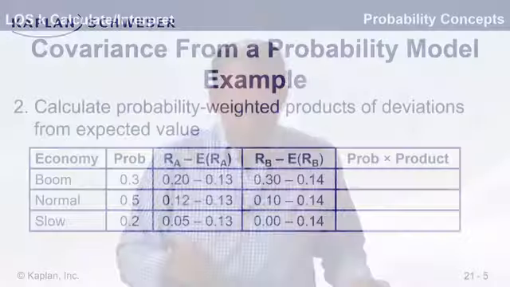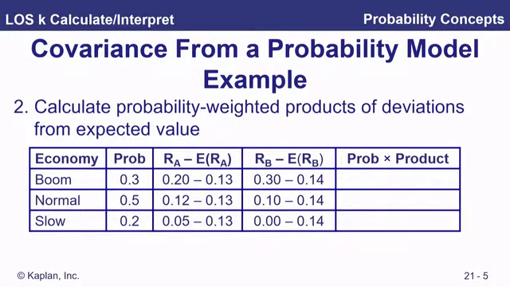So now we've got that. Now we're going to take the deviations from the mean, just as we did with variance, but again, if it was covariance with itself, we'd be looking down here and squaring all these deviations. But for covariance, we're going to multiply them together, and again, it's going to be probability weighted. So that's what we've got in this right-hand column.